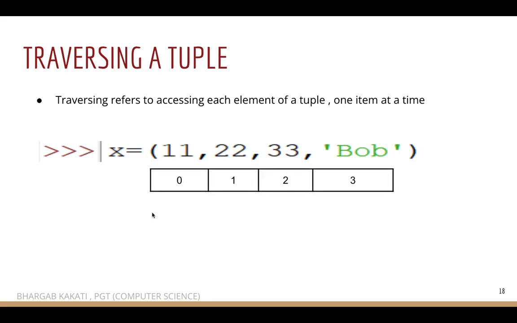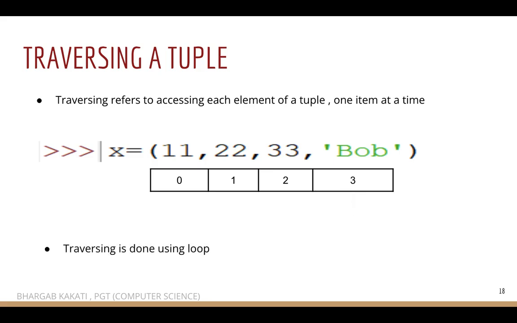Traversing would mean that at first I visit index 0, that is 11, followed by index 1, that's 22, followed by index 2, 33, and finally index 3, that is Bob. So if I access each and every element of the tuple, which is necessary for various processing, that is known as traversing. Now we'll see how we do traversing.